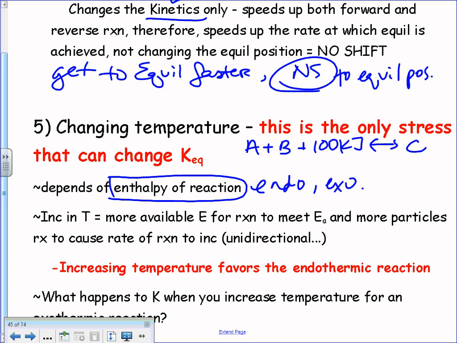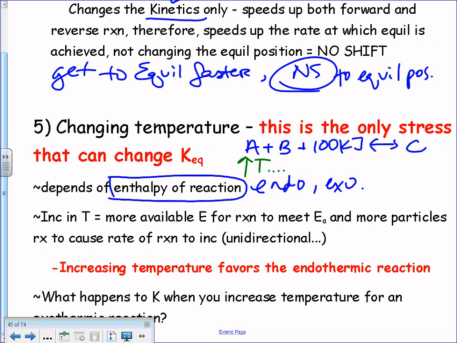So we'll stick with that example. Is this an endothermic process or exothermic? Definitely endothermic, because you can see the heat is on the reactant side. So let's just go with the scenario of increasing the temperature. If I increase the temperature, I'm giving energy to the reaction. But which reaction uses energy? The forward reaction.